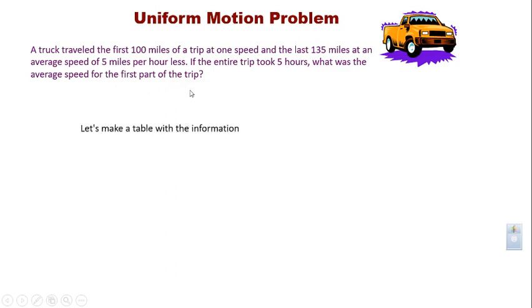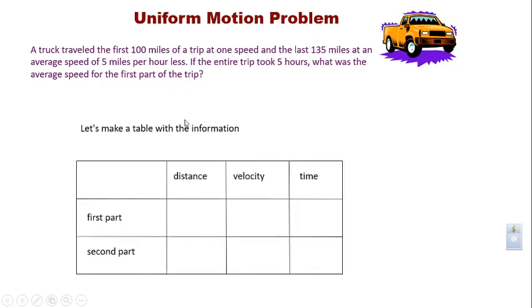So the question is asking for the average speed for the first part of the trip. Here's a table. The table gives us the type and some quantities that we're going to put together. I would normally put the distance at the end, but the distance will be the velocity multiplied by the time. So for the first part of the trip, the distance is 100 miles.